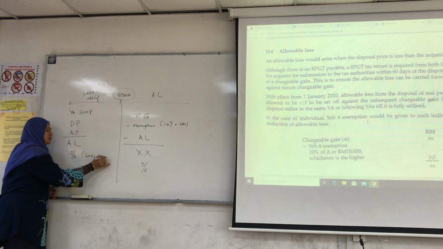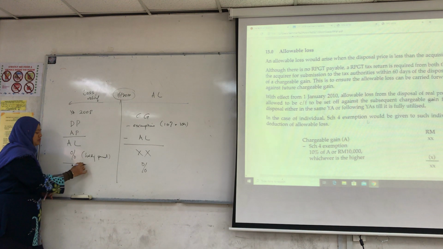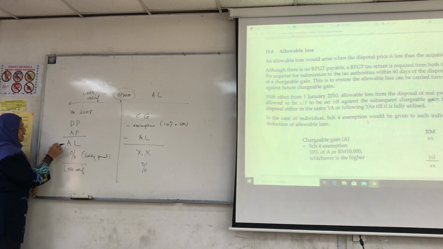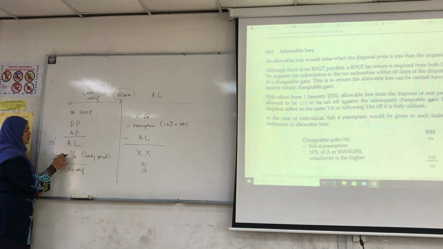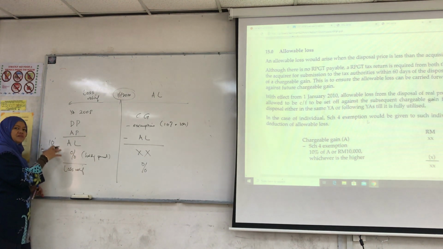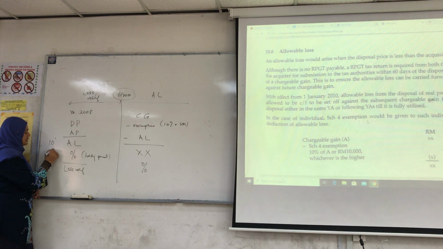Just like when you have your chargeable gain, but now you times by the tax rate, here you have a loss relief. So let's say your allowable loss is 10,000, and the tax rate for RPGT, if it's taxable, for the holding period gives rise to a 30% tax rate.